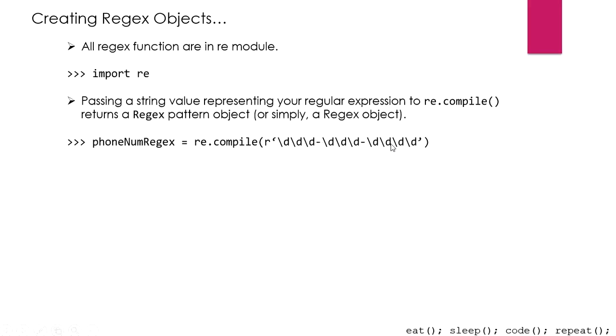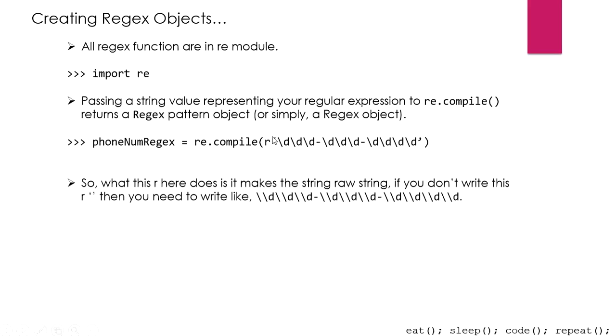Now, one thing you need to remember is the r over here. What do you think we have written this r for? What r does is make the string raw, so that everything you write in it is taken literally.